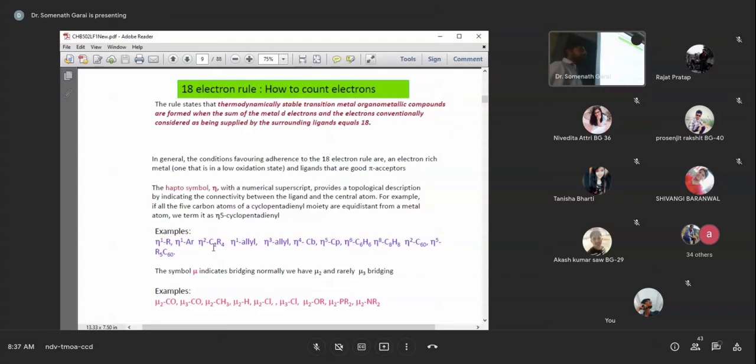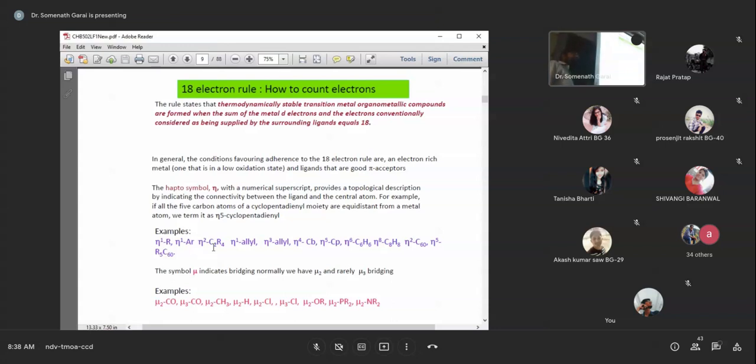So how do you say that cyclopentadienyl will be bound by only one? After bonding, if a compound is becoming more unstable, it will never show that type of bond. Correct. That is also correct. That is what we will see.